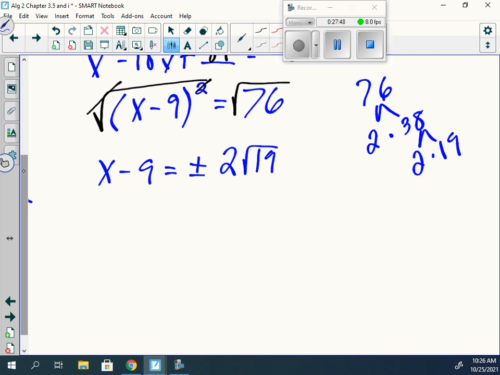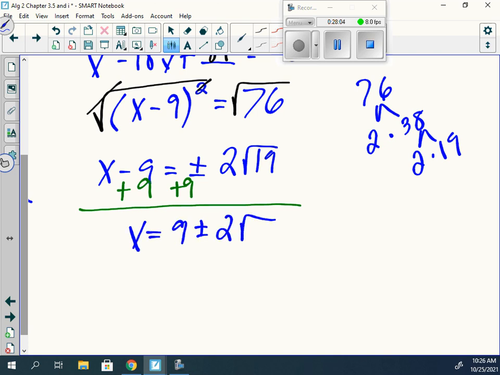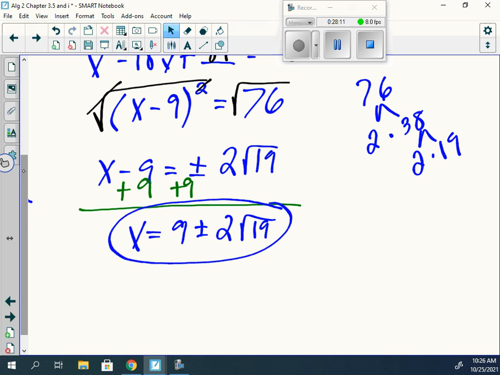I heard it flip for some reason. I was thinking 19 squared to 2. And last but not least, we need 2. By adding 9 to both sides, which tells us x is equal to 9 plus or minus 2 square root of 19. And that is it. Any questions on this here?